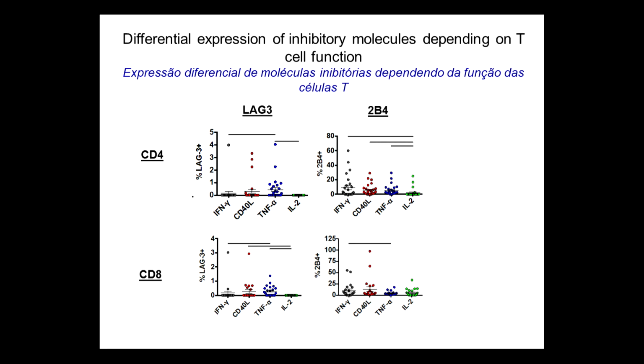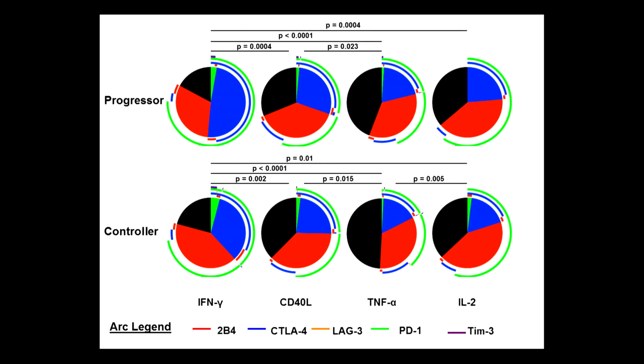So this is the total picture of what we are seeing. Overall, we find that the interferon gamma secreting cells have the highest expression of inhibitory or modulating receptors, while the TNF alpha and IL-2 expressing cells have the lowest expression of inhibitory receptors.